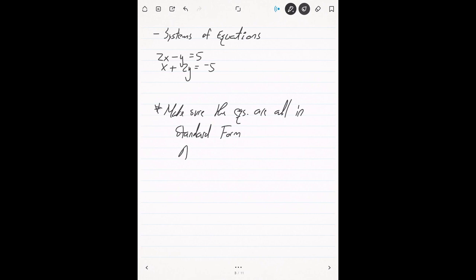And remember, standard form is AX plus BY equals C. That's the standard form of a linear equation.